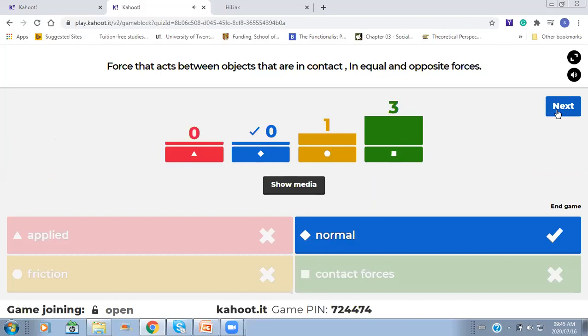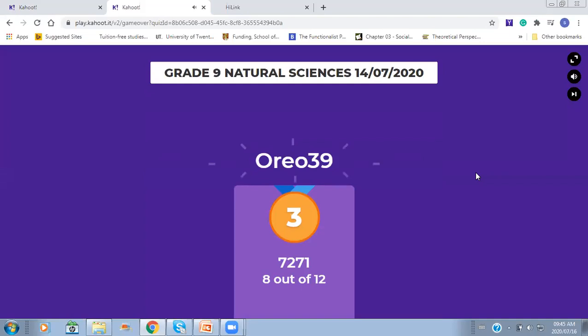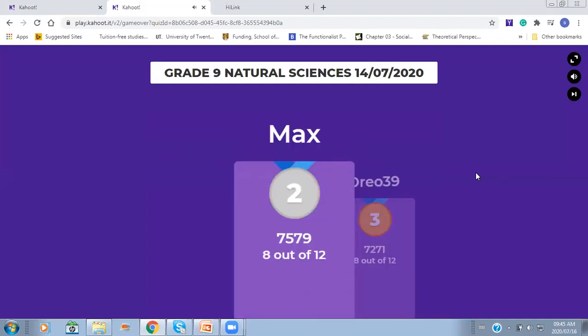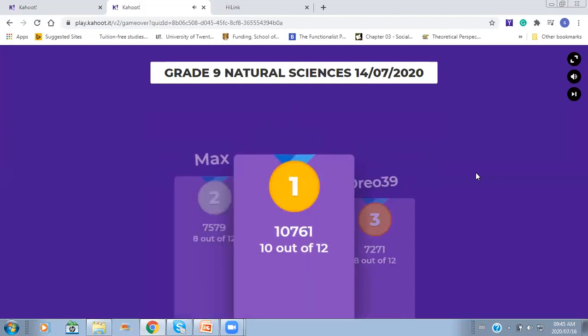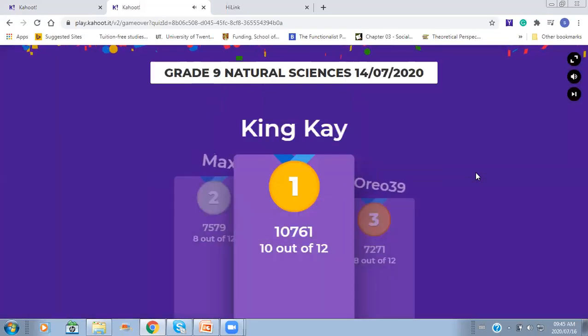Four people answered, three got it right, one wrong. Let's see the scoreboard now. Oreo got 8 out of 12. Max got 8 out of 12. And K got 10 out of 12.